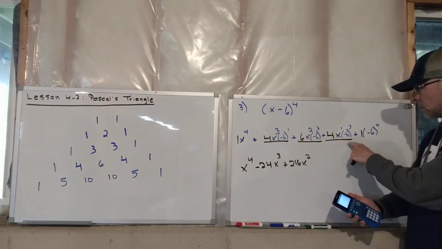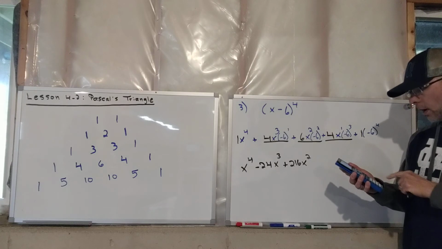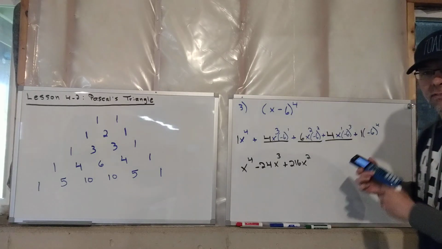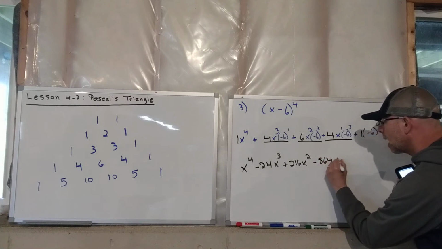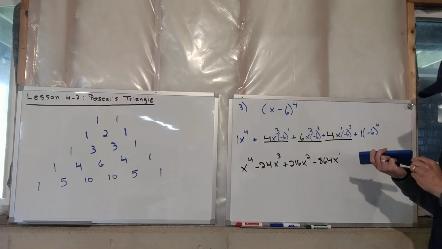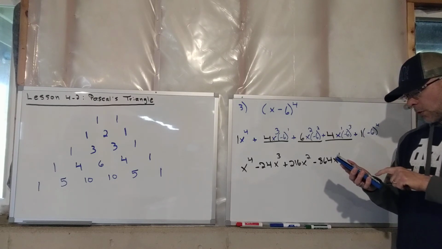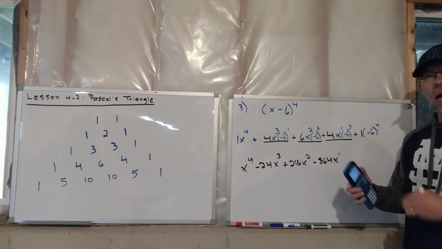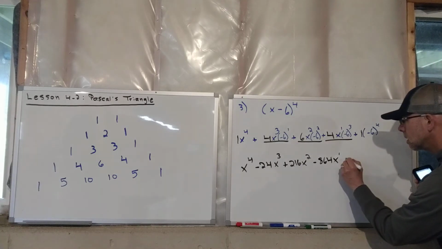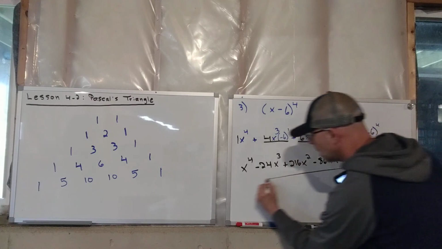That's negative 216 times the 4 from the Pascal's triangle. So times 4. That's negative 864 x to the first. And then the last one is negative 6 to the fourth. Yeah, it's times 1, but you know times 1 won't change. That's positive 1296. And there it is.